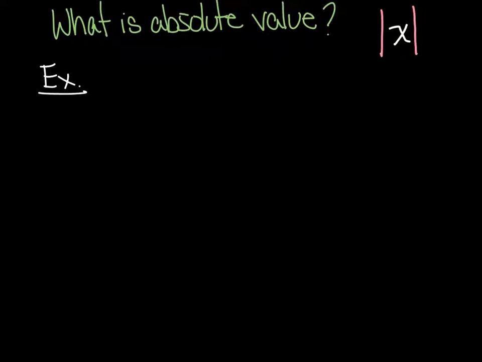Okay, so if the question is asking you the absolute value of, say, 2, basically, all you need to think about is how far is 2 on a number line from 0.